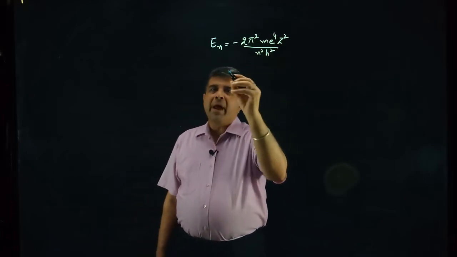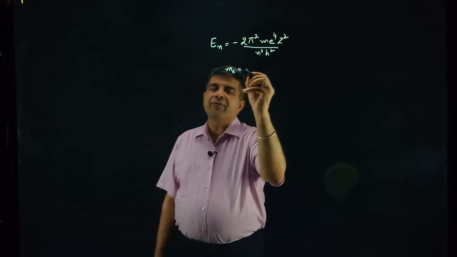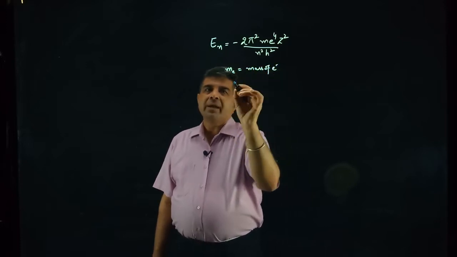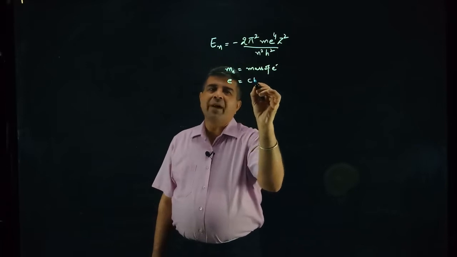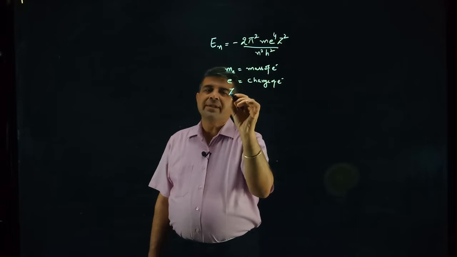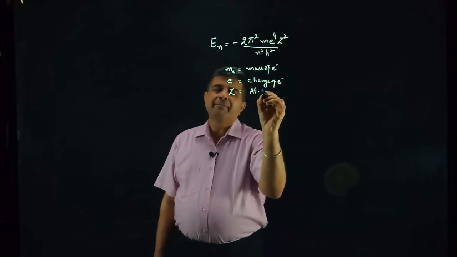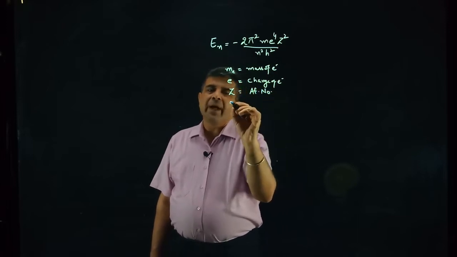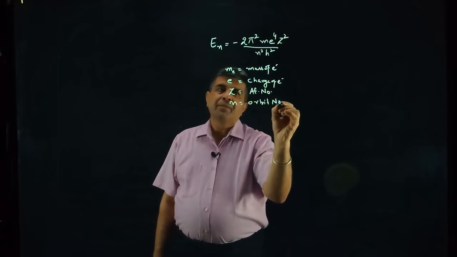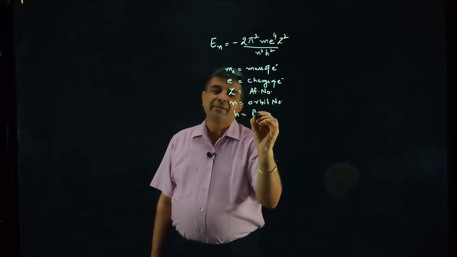Now m is mass of electron, e is charge of electron, Z is atomic number, n is orbit number, and h is Planck's constant.